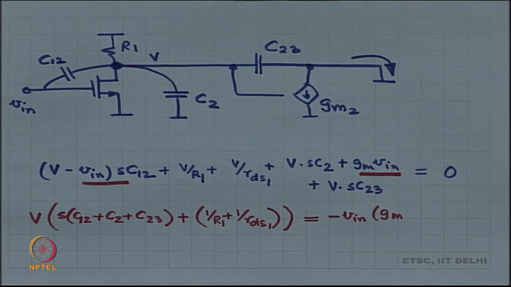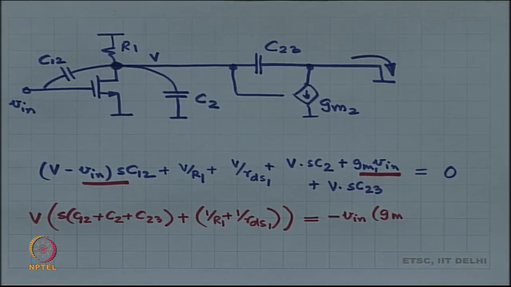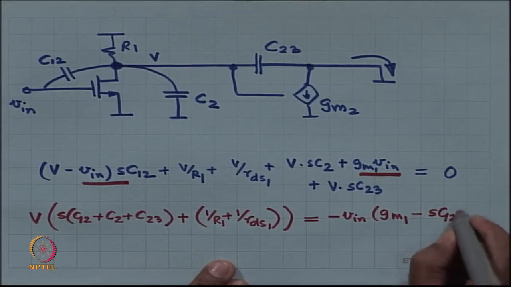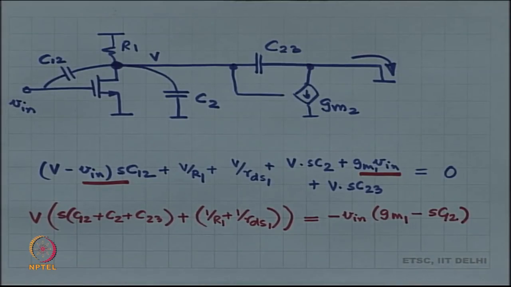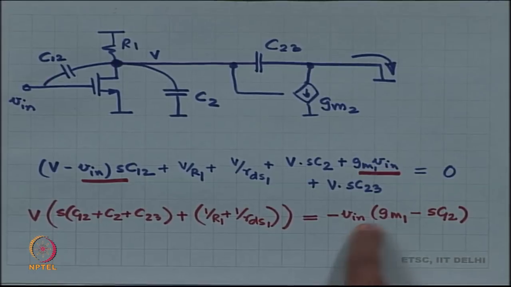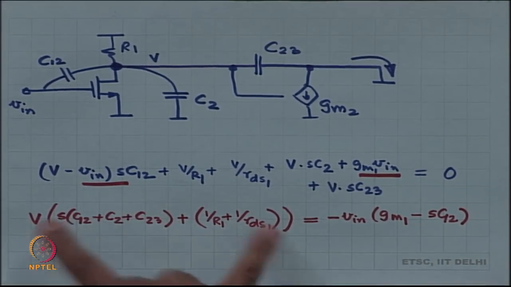This was GM1. Okay. And therefore, I know what is V. V is V in times GM1 minus SC12 divided by this whole denominator, all right, but that is no good.